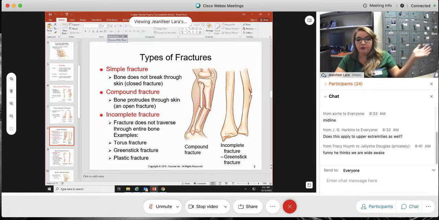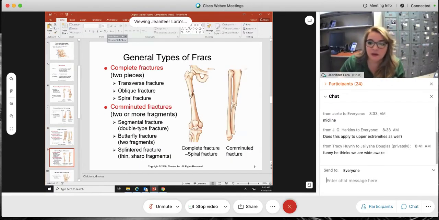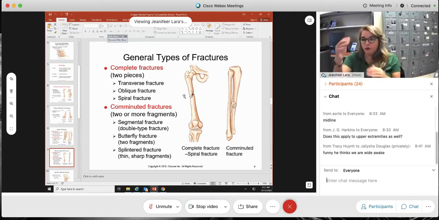But we're talking about complete fractures, all the way from the lateral side to the medial side. There is a break all the way through. I would put this under complete fracture versus incomplete fracture. These are not describing incomplete fractures, are they? An incomplete fracture is going to have a different description. So I would make my category for complete, and I would make my category for incomplete, and then my category for comminuted.